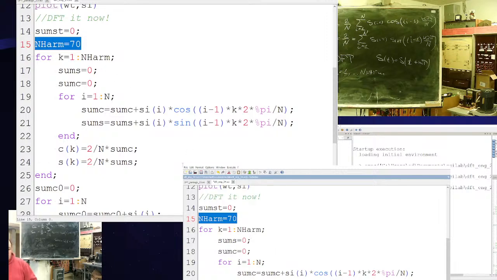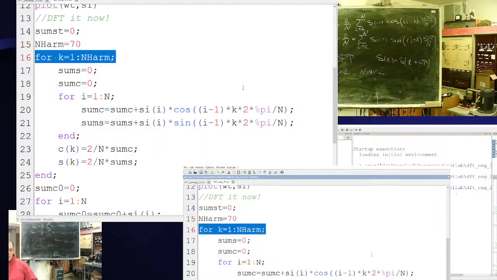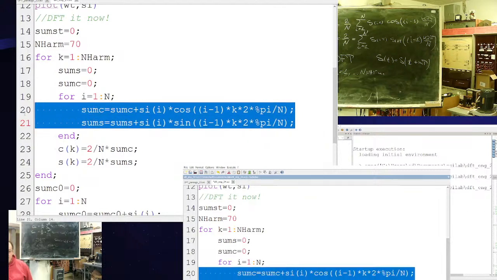So for each harmonic, I perform this for cycle from 1 to number of harmonics. And here I'm calculating some sums. Something familiar, isn't it? These two formulas I wrote on the table. Here they are represented for computer.